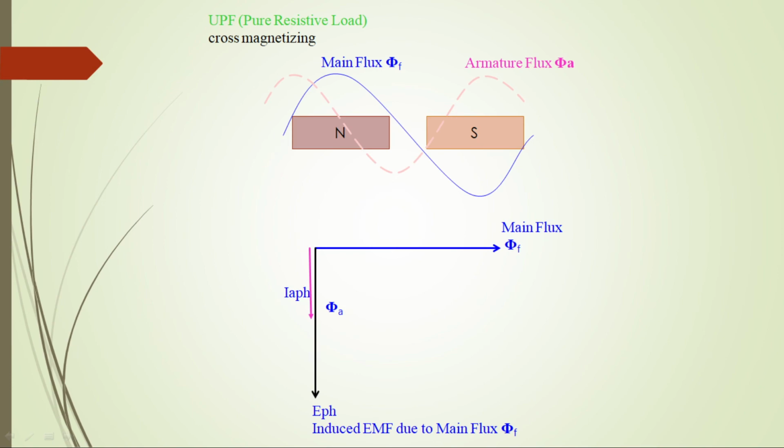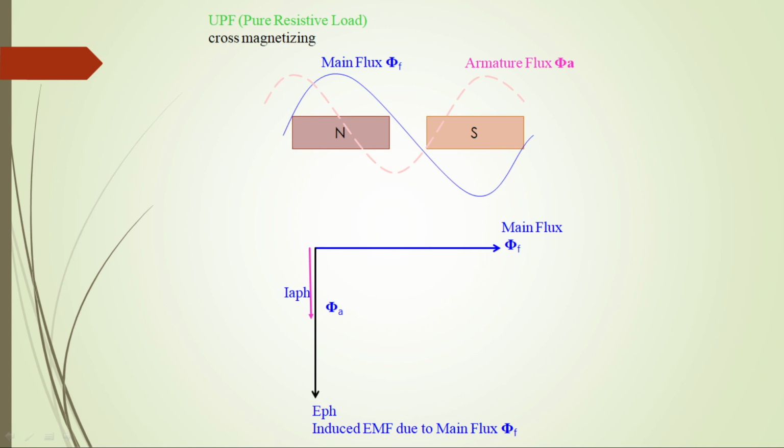The violet line is the main flux phi f, and the armature flux phi a is given by the dotted pink line. In this we can see the effect of armature flux on main flux, and because of that the effect is cross magnetizing.